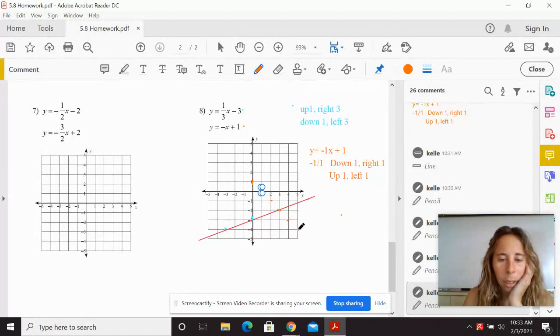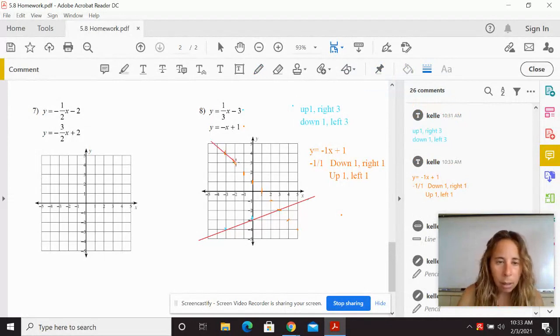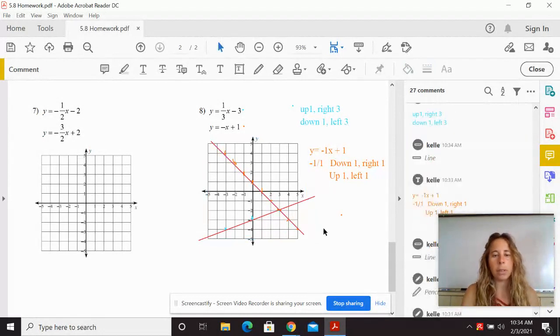Then you could go the other way: up 1 to the left 1, boop, and again. Okay, and so on. Let me draw my line and connect these dots together. That's pretty good. It would have arrows on the ends.